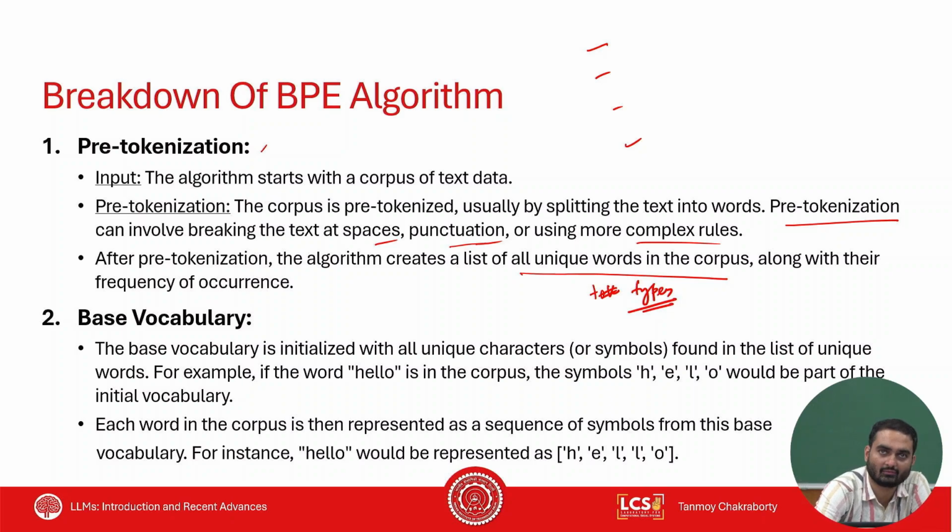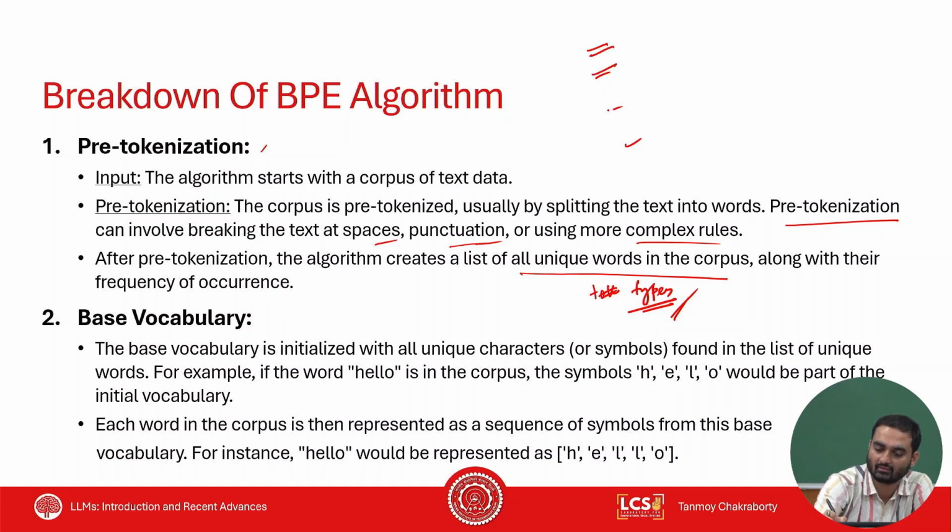Then we create a base vocabulary. What is a base vocabulary? A base vocabulary is the starting point of your segmentation process, of your tokenization process. In the base vocabulary, you add all the unique characters present in the tokens that you identified so far.